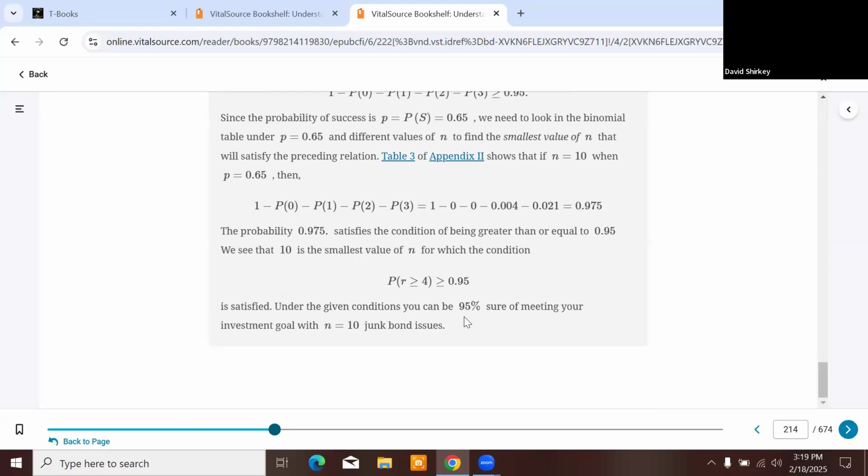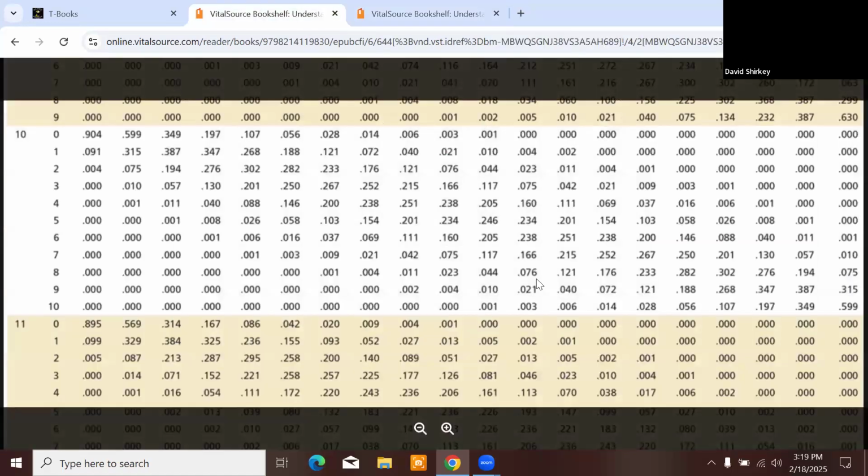You can be 95% sure of meeting your investment goal with n equals 10 junk bond issues. So again, we're back here at the 10, and it's this column right here. So it's 1 minus the 0.000, minus the 0.000, minus the 0.004, minus the 0.021. That's the one you want to pick, n equals 10.